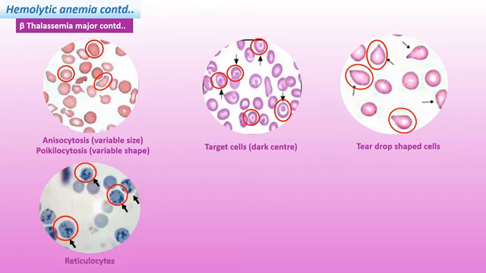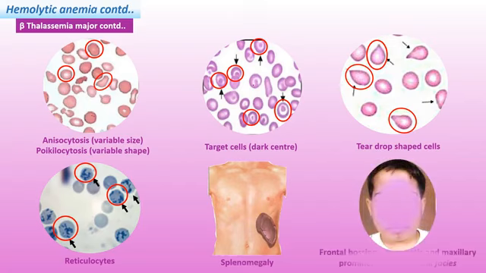See here the reticulocytosis, increased reticulocyte in the peripheral picture is typical of hemolytic anemia. The splenomegaly, frontal bossing with zygomatic and maxillary prominence, chipmunk faces.